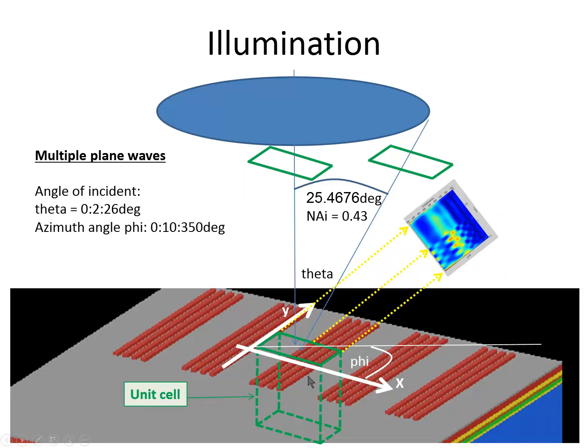So the unit cell will be around the outer grating, and if we present the near field, it will look something like this.